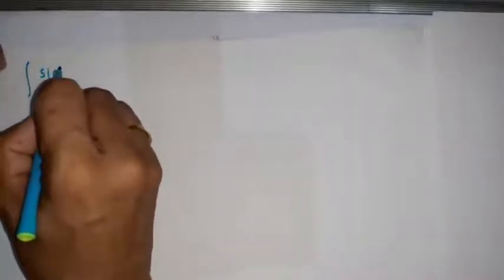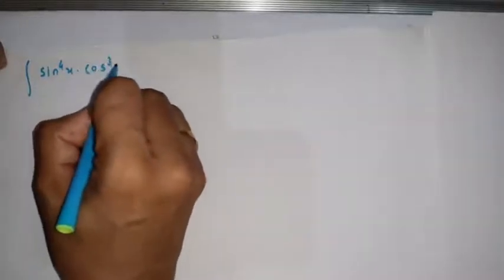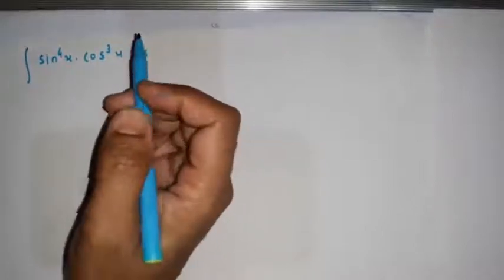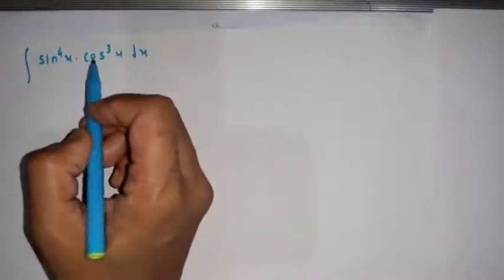Okay, now let us take another example, that is integrate. The next problem is integrate sine raised to 4x into cos cube x with respect to x. Okay students, so here we don't have such a formula.